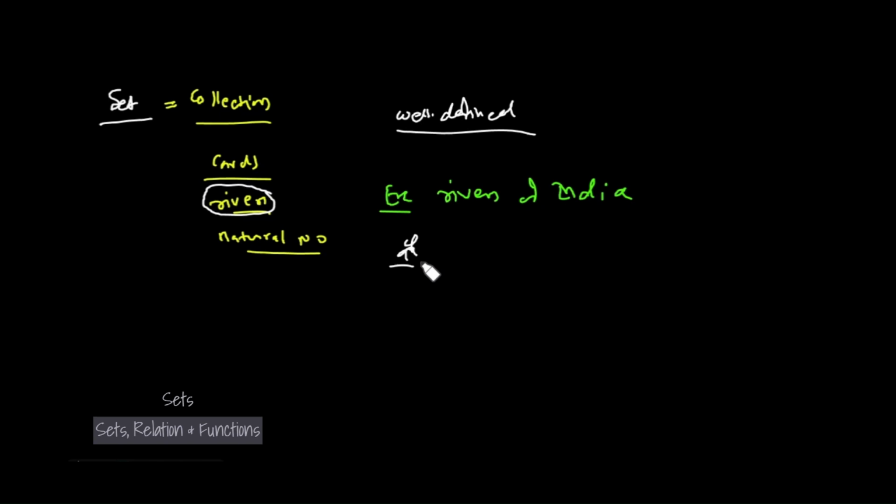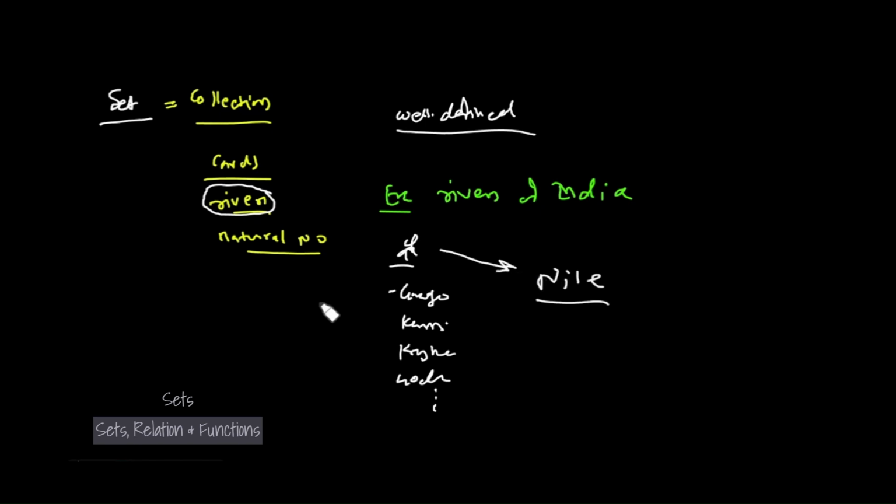Definitely that person will give the names as the Ganga, then Kaveri, Krishna, Godavari, and like this, as a number of rivers are there within India. But it is not possible that this student will suggest the Nile as a river of India.